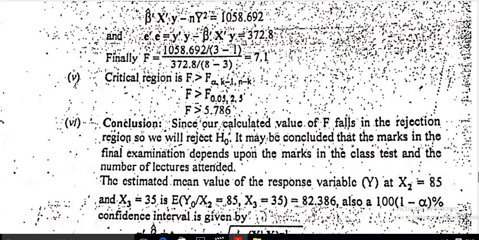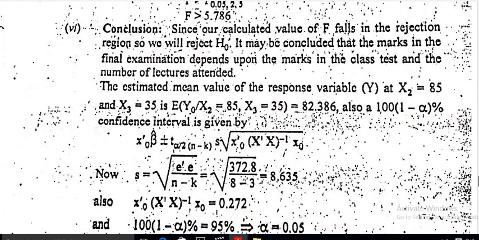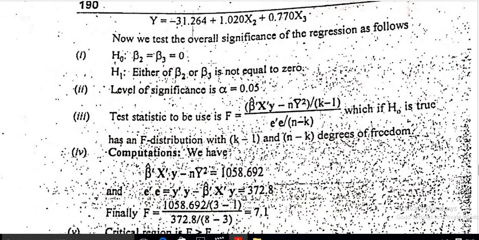the number of lectures. To estimate the value of y at x2 equal to 85 and x3 equal to 35, we have to put these values in the regression model equation, that is y is equal to minus 31.264 plus 1.020 x2 plus 0.770 x3.